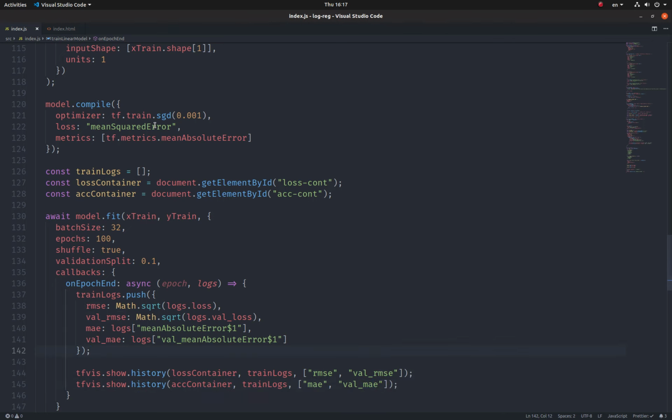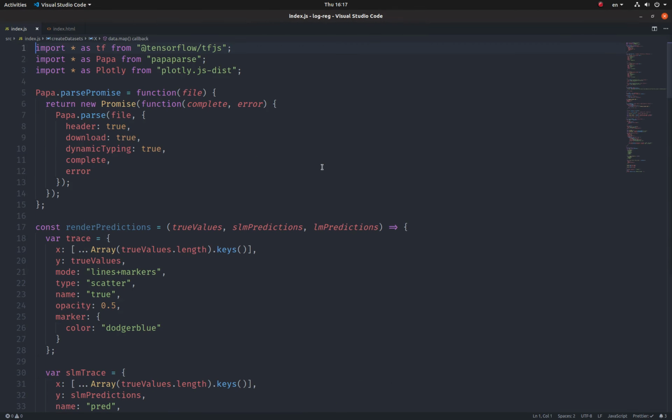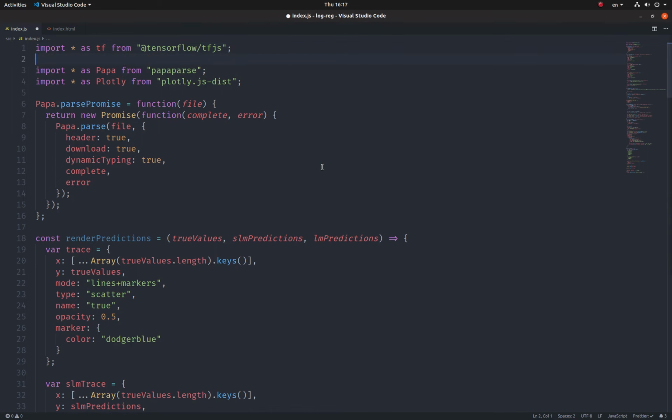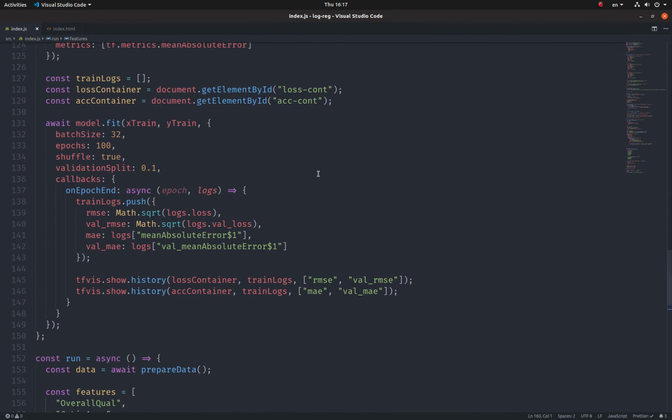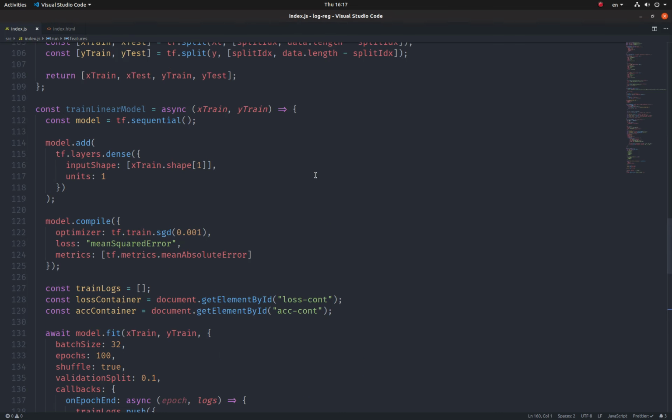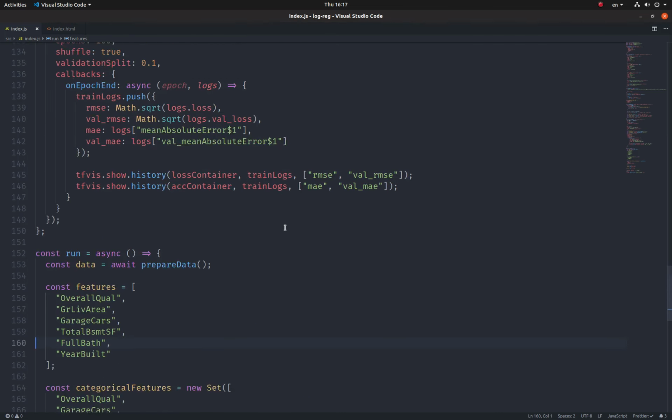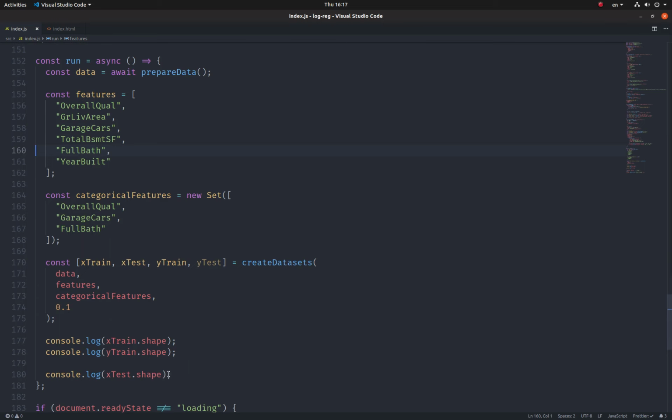So here we go, we have pretty much everything we need in order to train our model. The last thing I'm going to do is import tfvis, since I probably don't have it right now. Okay, so yep, here we go, and this looks like it should be working by now.